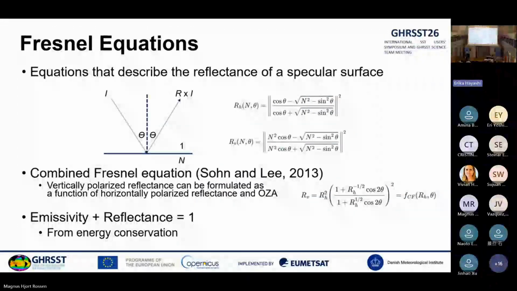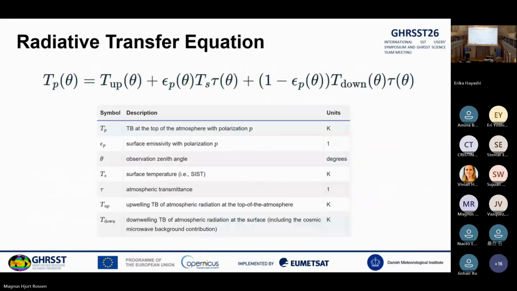We know the incident angle for our observations, so it is possible to relate those two quantities. Another key part is that emissivity plus reflectance equals 1, which describes energy conservation.